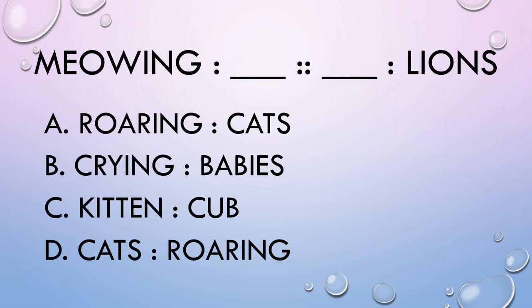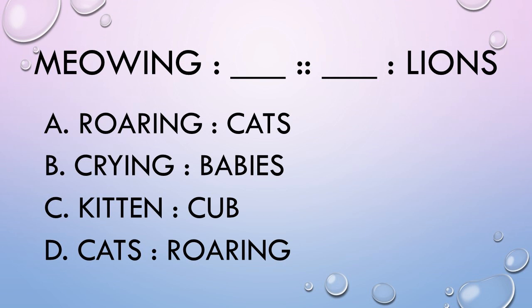Number 3. Meowing, blank, blank, lion. This is an example of a mixed analogy. Let us look into the item. Meowing is a sound. Therefore, the blank before lions should contain a sound.